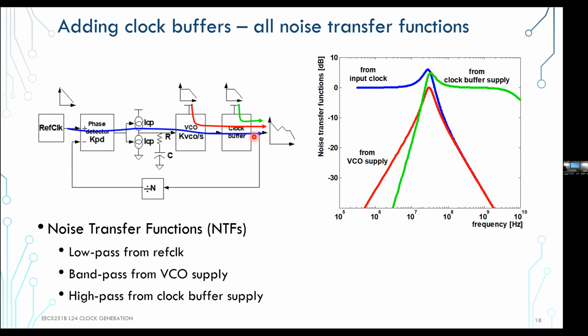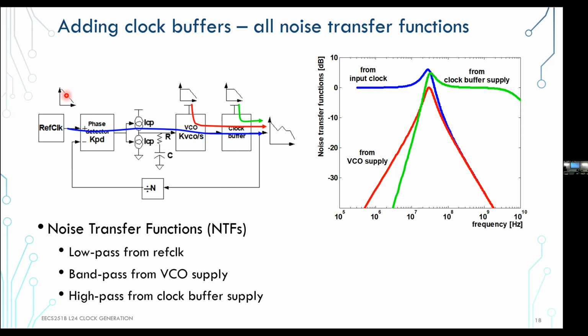Now, these are just noise transfer functions. In order to calculate the end noise, you actually need to know the spectra of the noise coming into the system. So in this case, I'm drawing these kinds of things.